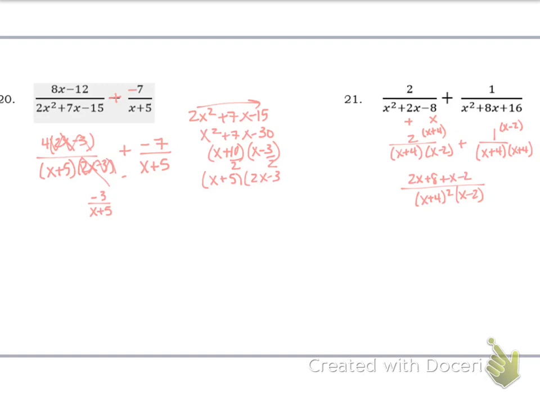Distributing 1 isn't going to change anything, so I get a 3x plus 6, squared. Take that GCF of 3 out, so I get an x plus 2. And we still don't have anything that's the same on top and bottom that we would be able to cancel.